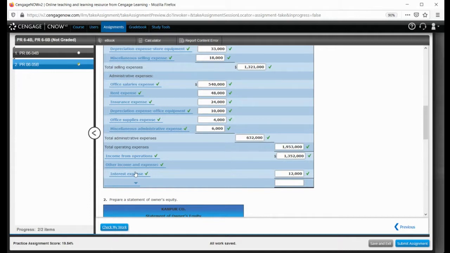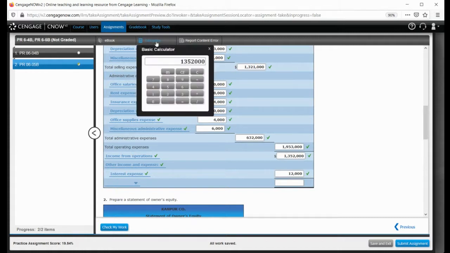But if we had some revenue, it would have offset the interest expense, and the net amount, if it was positive, would add back to the income from operations. If the net amount is negative, it will deduct from it. In this case, the net amount is $12,000 for interest expense, and it will be deducted from the income from operations, and that will leave you with the net income.